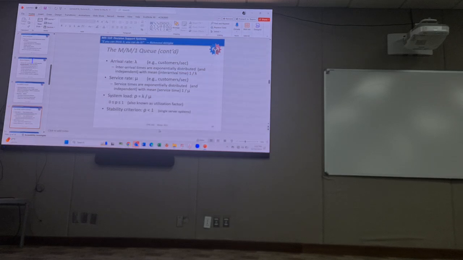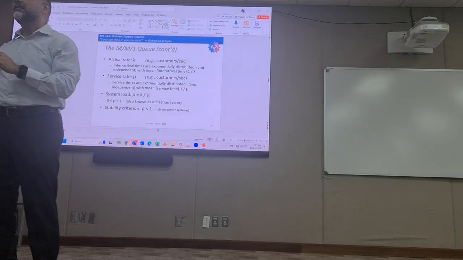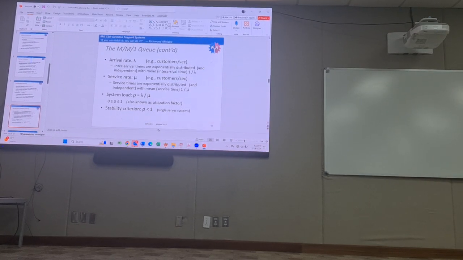Same goes with mu. Customers served per second, per minute, so it's per something. But when you see time, let's say the inter-arrival time between customers is 5 minutes, now it's not per minute, it is minutes or seconds, whichever time unit you're using.